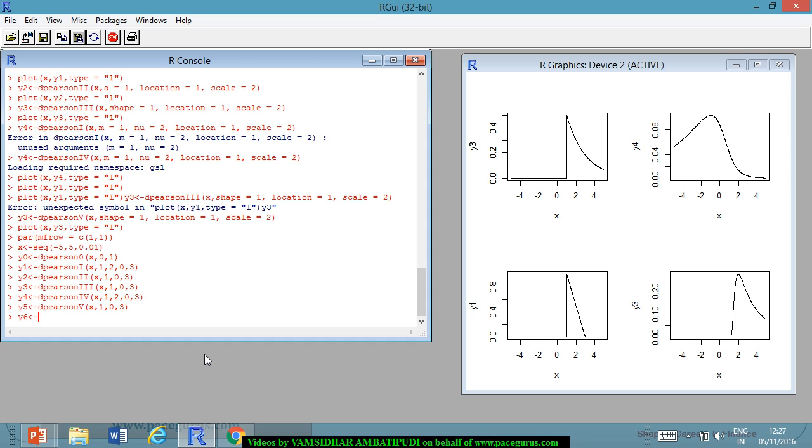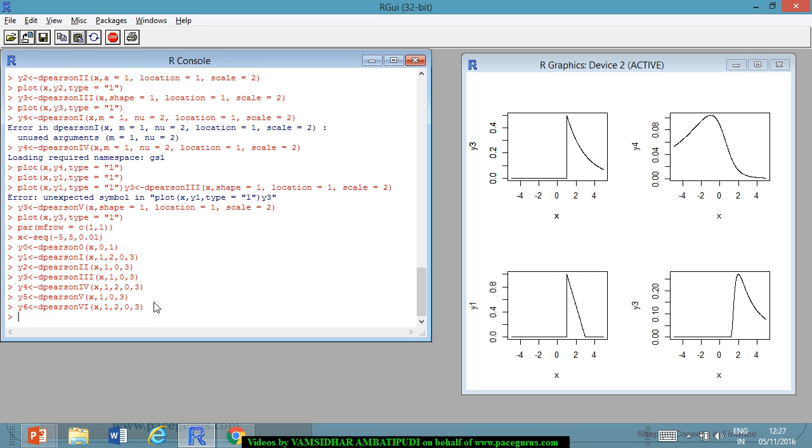So I'll take y6 as dpearson6, which is a generalized beta distribution. Whatever input was given to the beta distribution, I'll consider the same input for this as well.